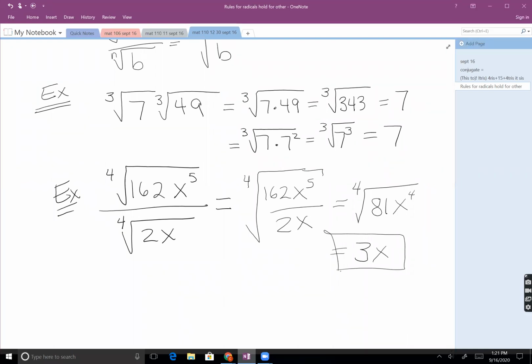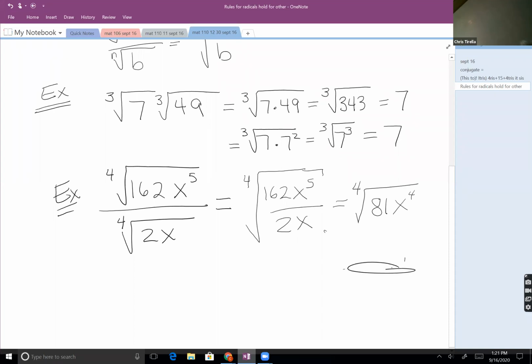Wait, how'd you get that? Could you explain the last part from when you went to equals the fourth root over? I just want to know how you got that 3. Okay, I'm going to erase it and redo. Are you all right with where the 81 and the x to the fourth came from? Yep.